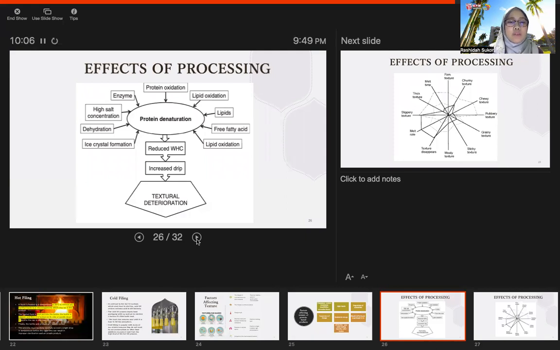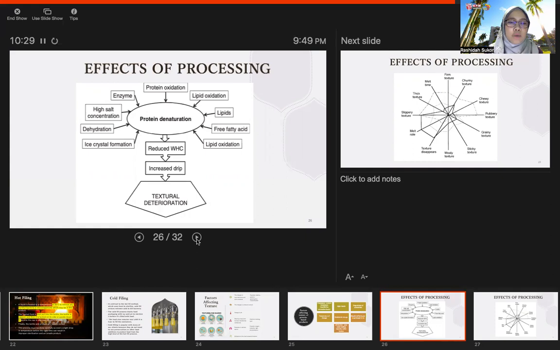Okay, once protein denature, it will reduce WHC. What is WHC? Water holding capacity. Okay, when you have reduced WHC, then you will increase the drip because the food is losing water because it cannot hold the water anymore because the protein deteriorates and the protein denature.